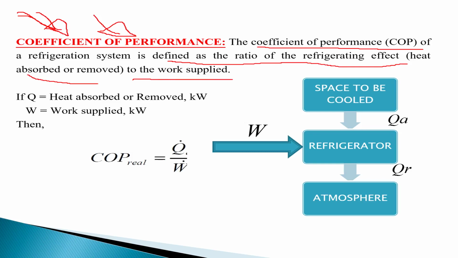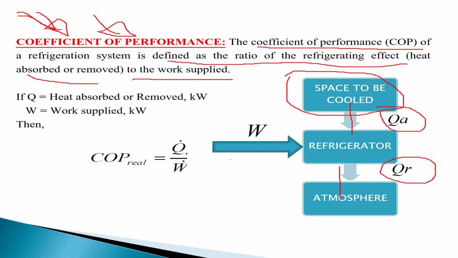So if this is the space to be cooled, then we absorb the heat. QA is the amount of heat absorbed, then to the atmosphere QR is the amount of heat rejected.